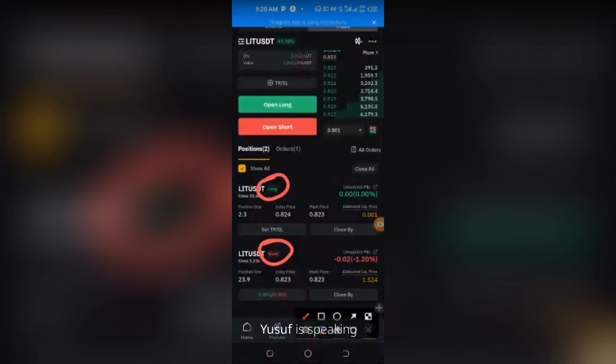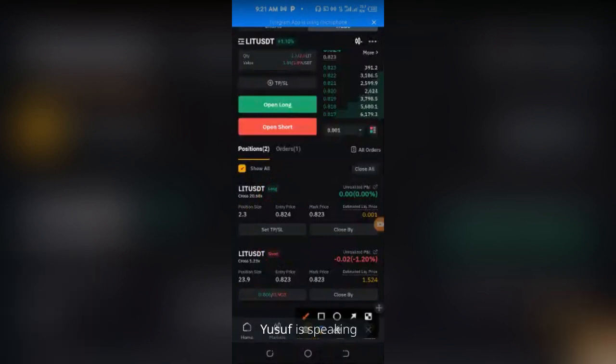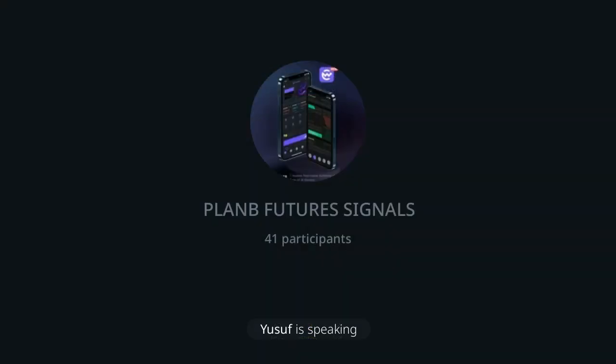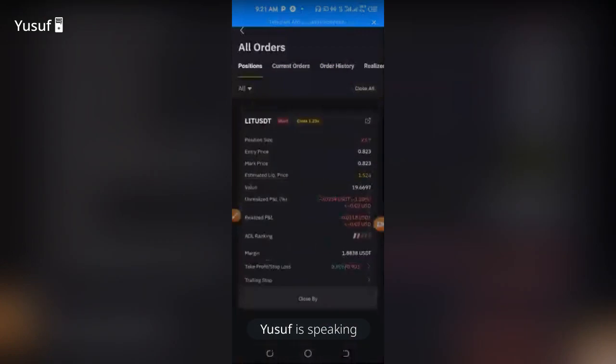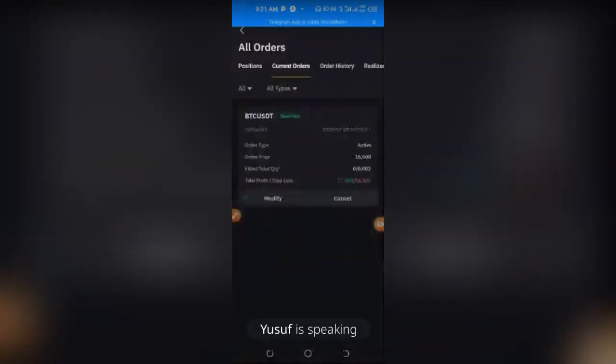Now, from this point, I also want to show us another thing, which is our trading history. Those things we have done, those orders we have traded. You come to all orders, you click on it. It will show you the history. You can see the positions. Positions are those ongoing, current orders.